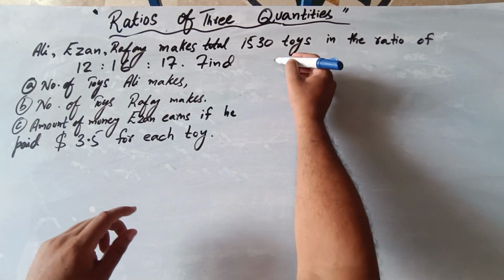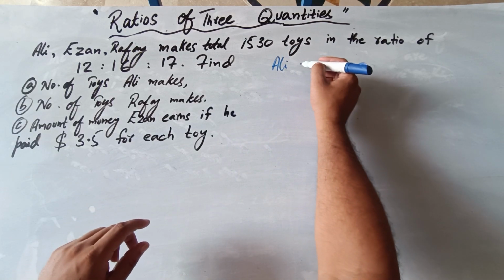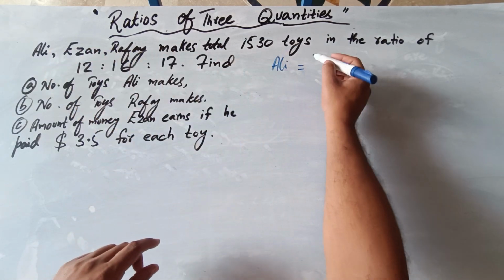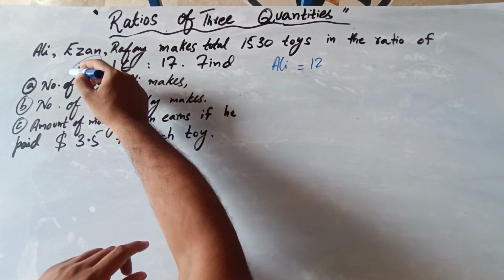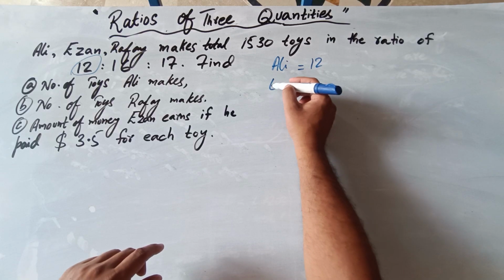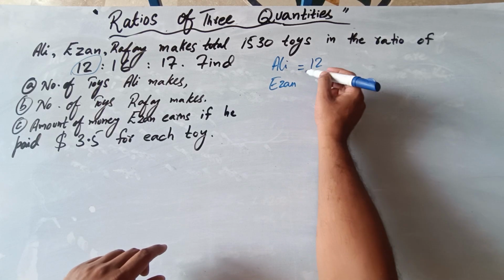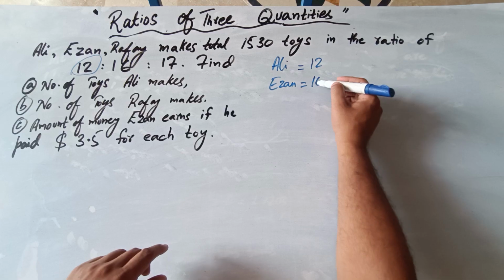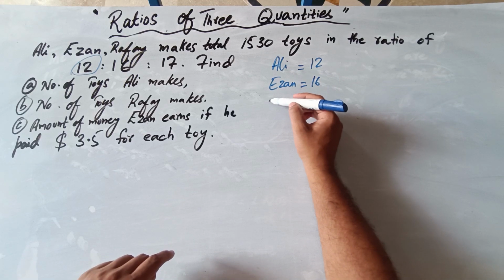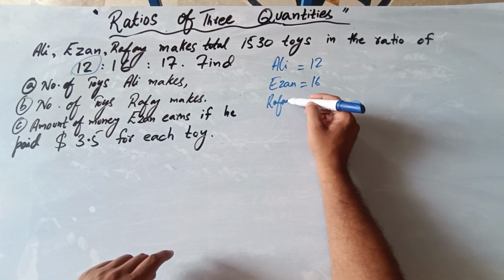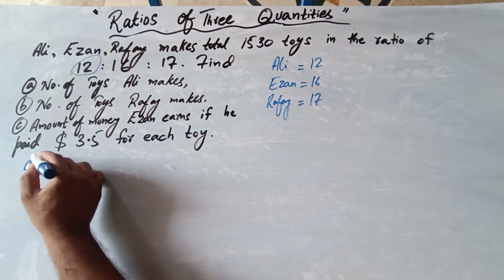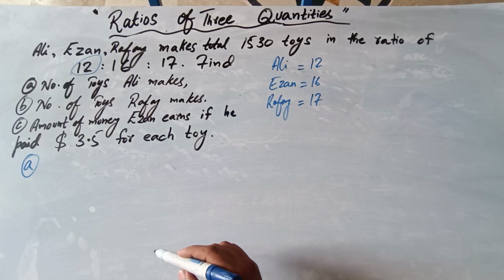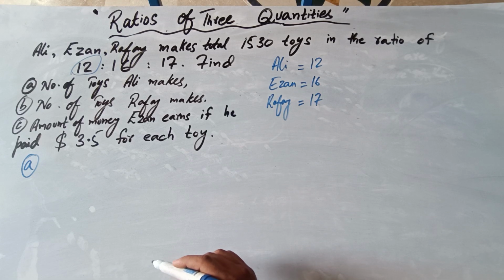Let's suppose Ali's ratio over here is 12. Izan's ratio is 16 and Rafe's ratio is 17. So let's find out their individual number, how many toys each boy is making.